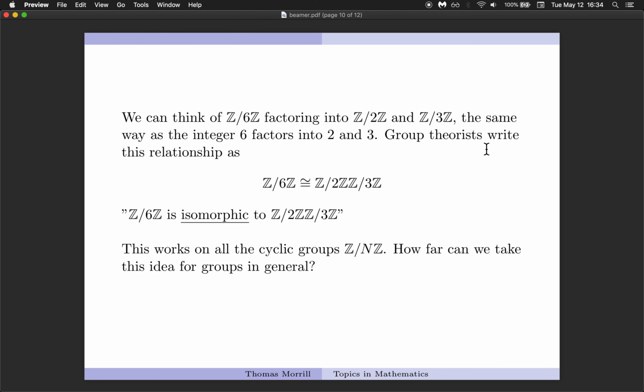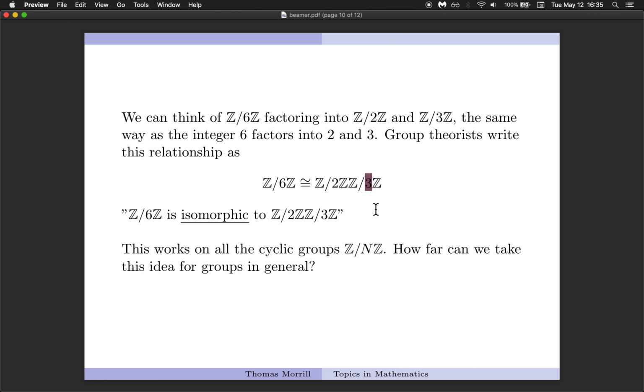So I would write this relationship and say that Z mod 6 is isomorphic to Z mod 2 cross Z mod 3. And I claim that this idea is going to work on all cyclic groups Z mod nZ.